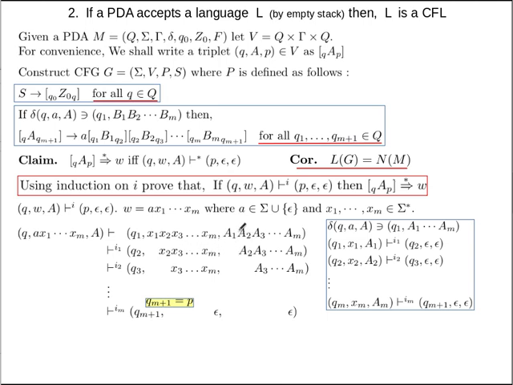So this amounts to the fact that if I had just this A1 here, from this ID to this ID, the same thing will work for this PDA, where we just do not have this A2 up to AM.